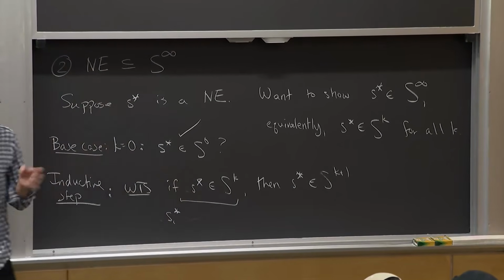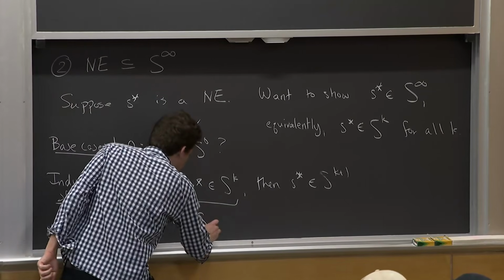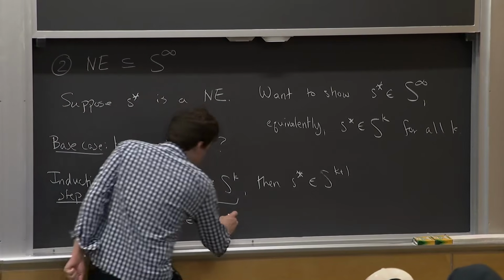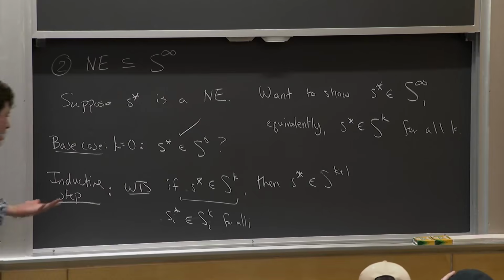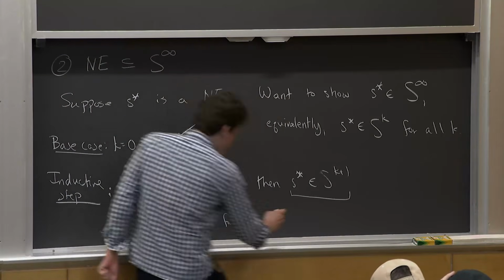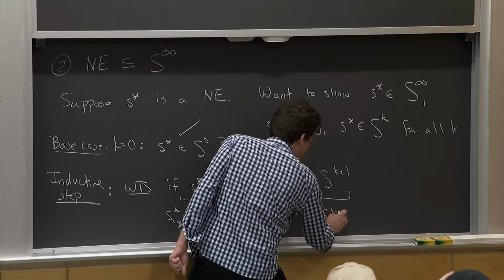Si star is the strategy that player i is actually using. That must be in Sik, and this is true for all i. And now, symmetrically, what we're trying to show is that Si star is in Sik plus 1 for all i.